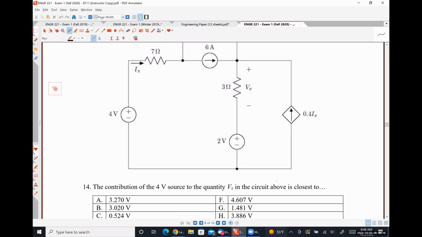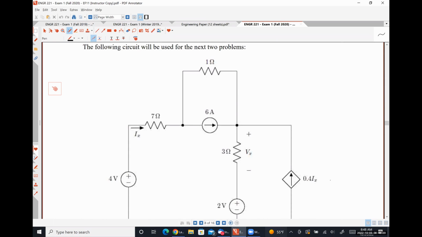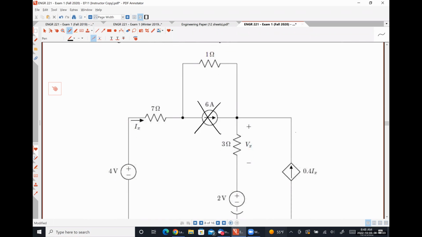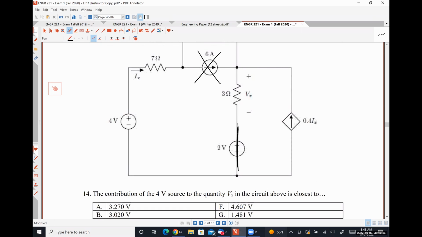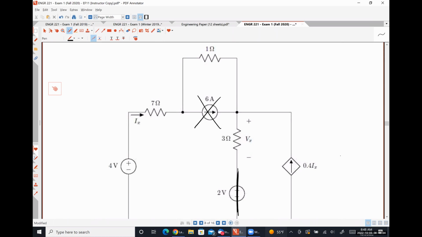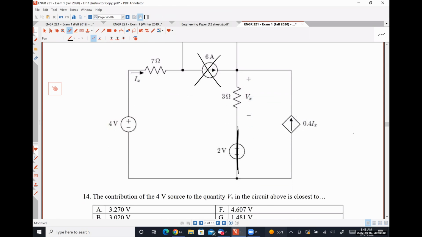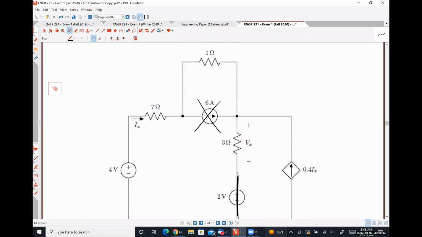So this is the superposition problem. So the contribution of the 4-volt source, which means I turn this off, and then I'm solving for Vx. I cannot turn off the dependent source. You can never turn off the dependent sources. I'm going to redraw this to look a little bit cleaner here. So here's my 4-volt source.